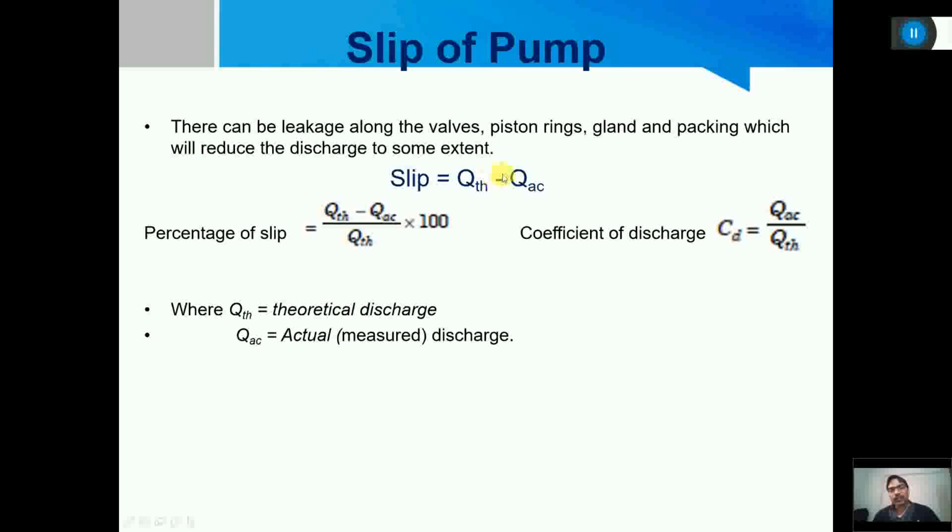So whenever there are losses, the slip will be positive. Percentage of slip is represented by Q theoretical minus Q actual divided by Q theoretical, into 100, and coefficient of discharge is again represented by this formula.